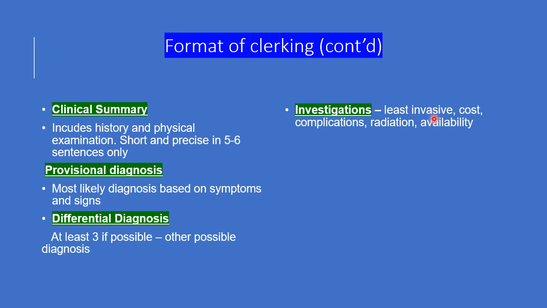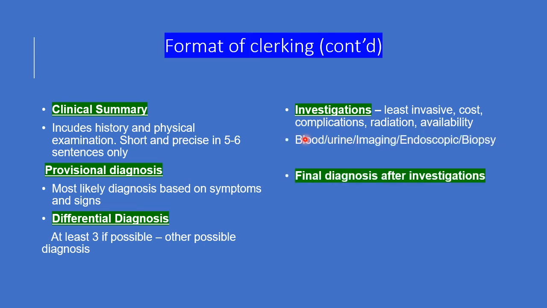These are important things to consider when you order your investigations. And these can be blood investigations, urine analysis, imaging such as X-rays and ultrasound, or it can be endoscopic and or other forms of biopsies, tissue biopsies to confirm the diagnosis.